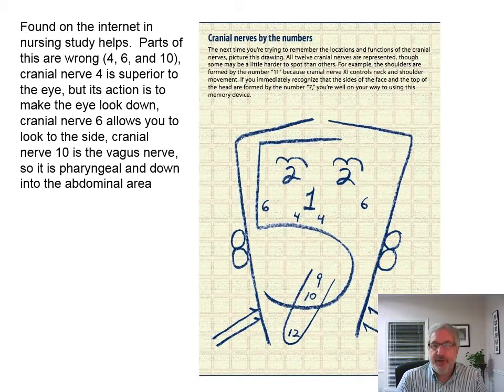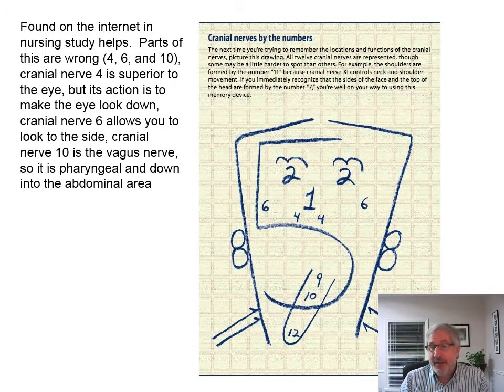The reason they did this was they wanted to remind themselves that nerve 4 helps your eye look down. 6 allows your eye to look to the side, but they put it down on the side, so it really should be a little bit more up than that. And then cranial nerve 10 is the vagus nerve, so they put that on the tongue, so it's kind of weird. So it should actually be down in the abdominal or thoracic areas.